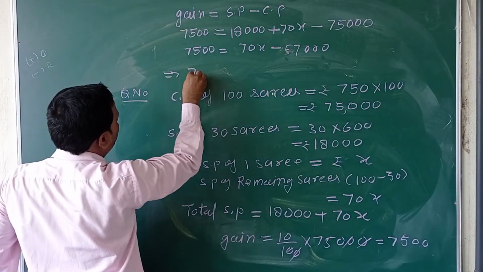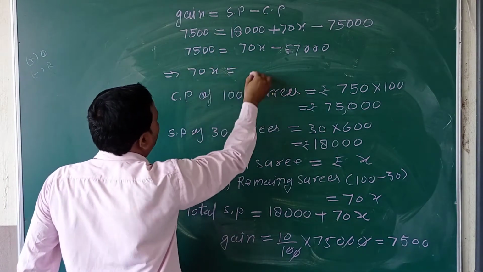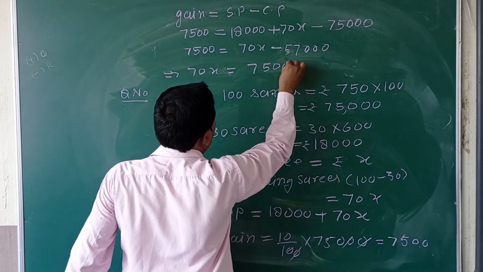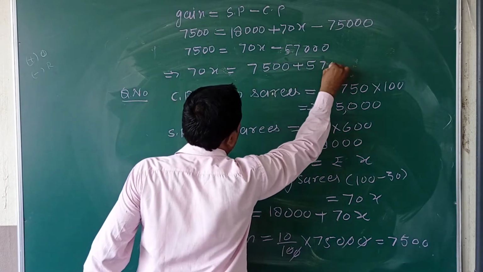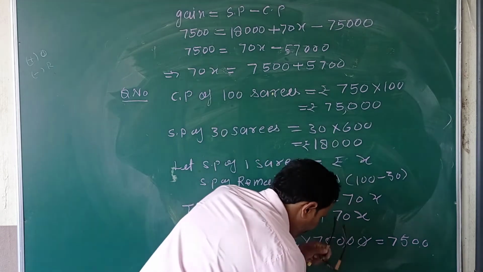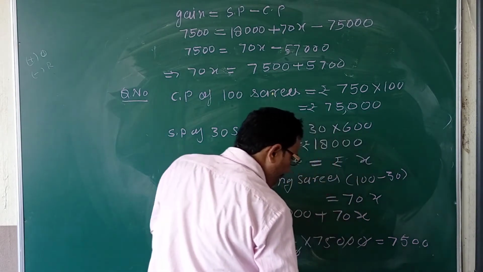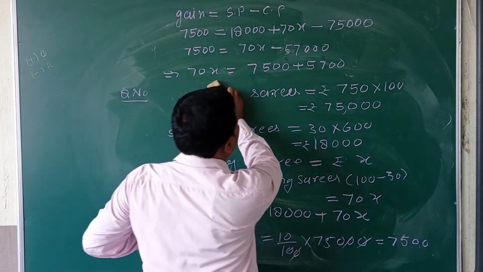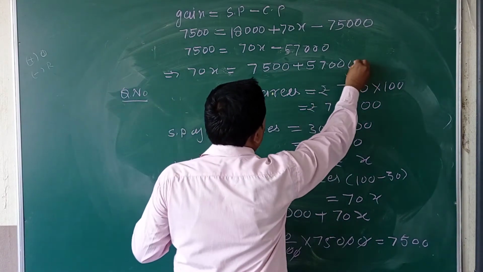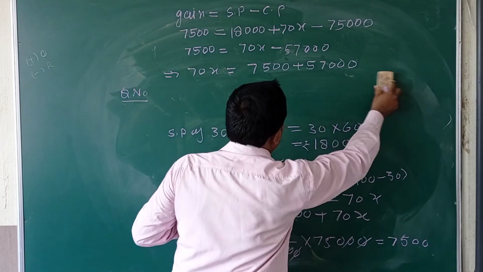Means 70x is equal to 7,500 plus 75,000 minus 18,000.